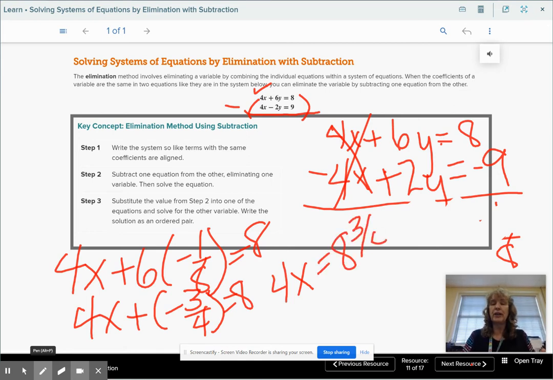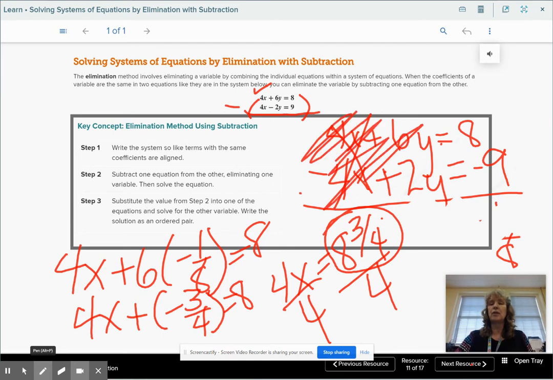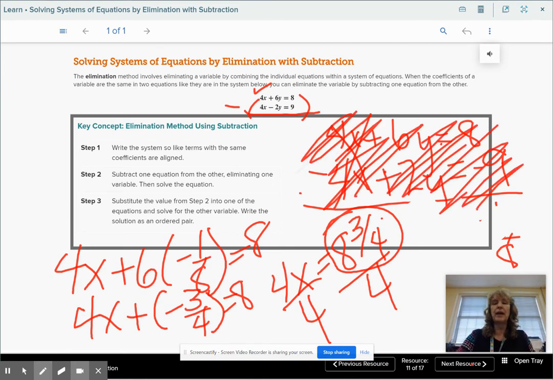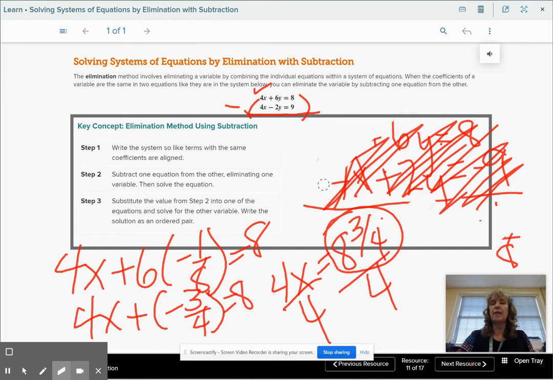I don't have to change it to like terms because I'm just adding 3/4 to 8. Divide by 4, divide by 4. I would change this to a complex fraction, and then you guys should know how to do complex fractions. Let's go ahead and erase all this up here so I have room to work.